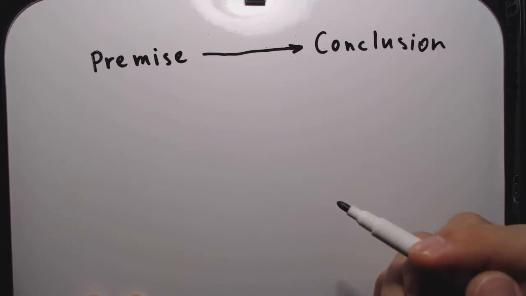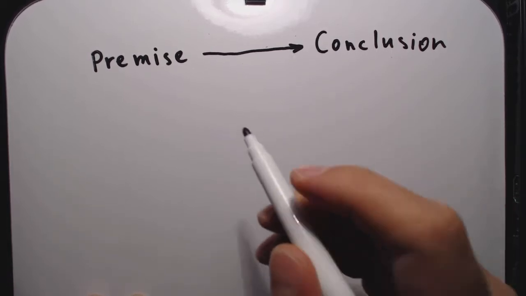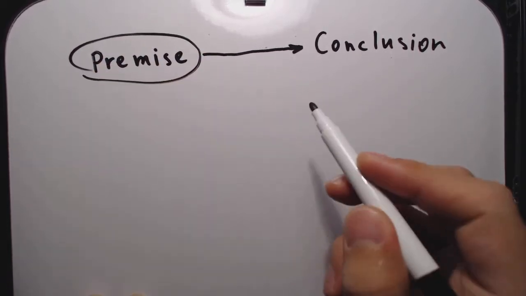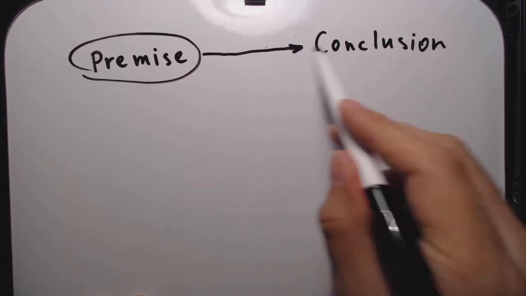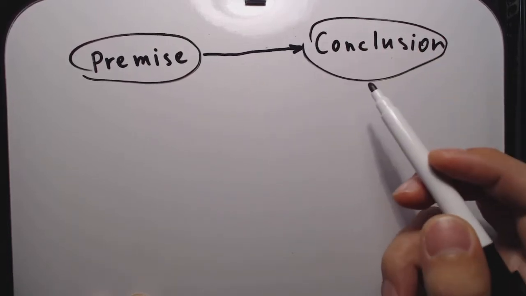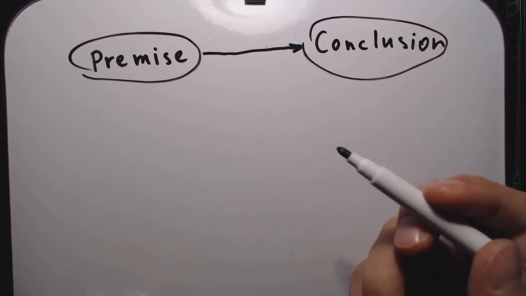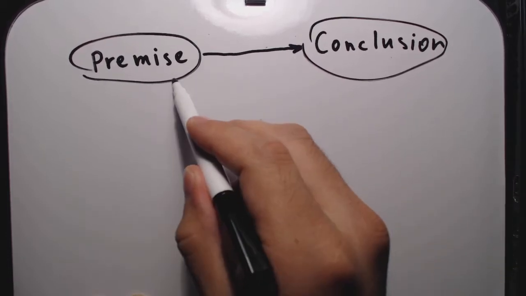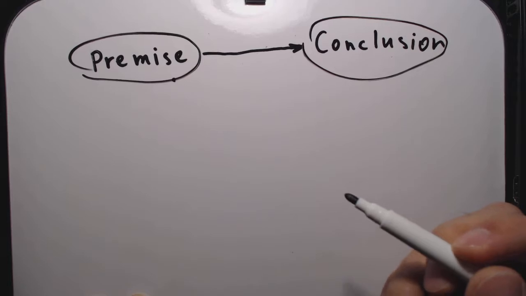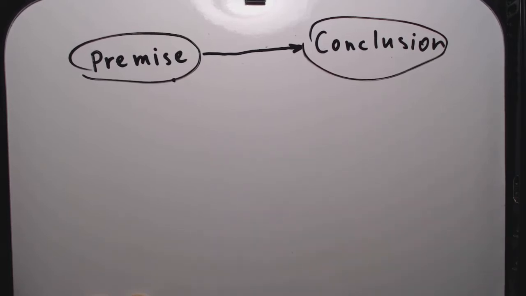A deductive argument is valid if the premises are related to the conclusion in such a way that the conclusion must be true if the premises are true. Got it? So premises are the statements upon which an argument is based.